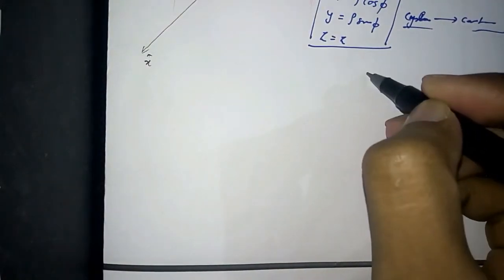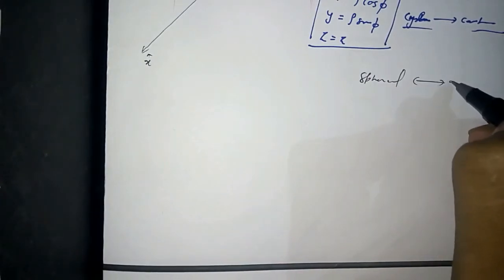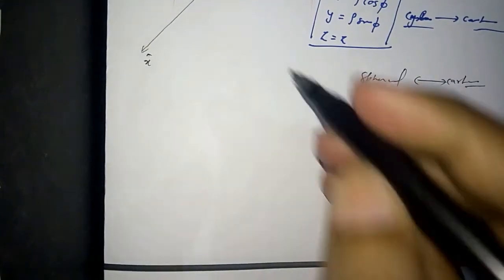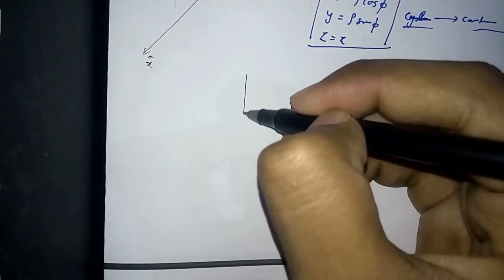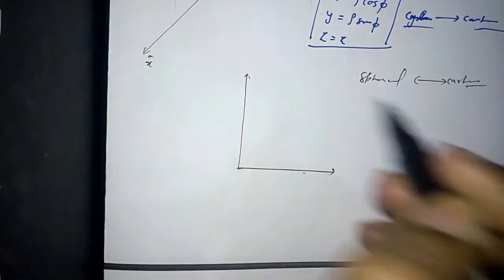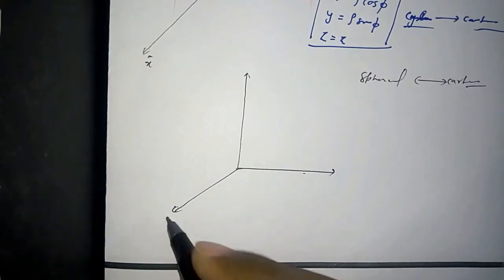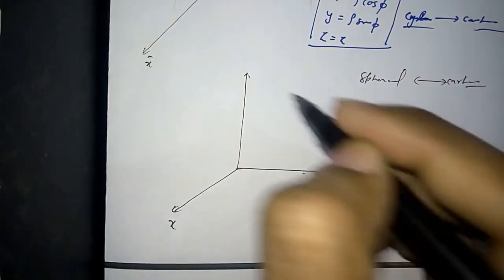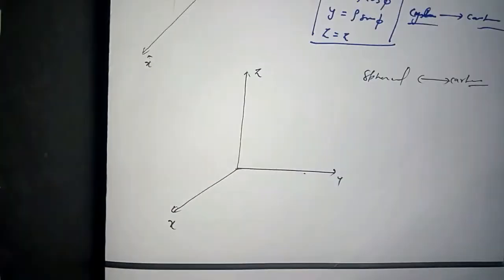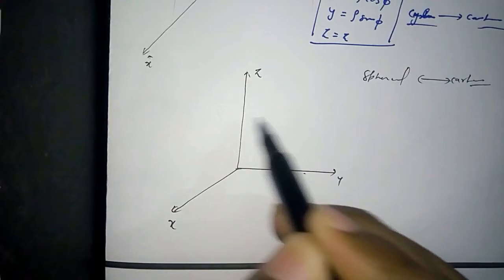So let's discuss spherical and Cartesian. Okay, this is x, this is y, this is z, okay. So in the last class we drew a full sphere here.